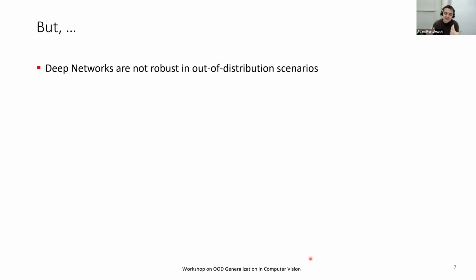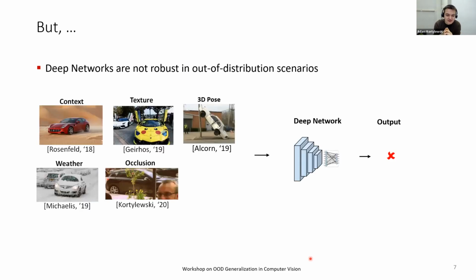There's a decent amount of research that shows that deep networks are not robust in out-of-distribution scenarios. What do we mean by this? A number of works show that if you show an object in an unusual context with respect to the training data, for example a car in the desert, not seen before at training time, these methods fail.